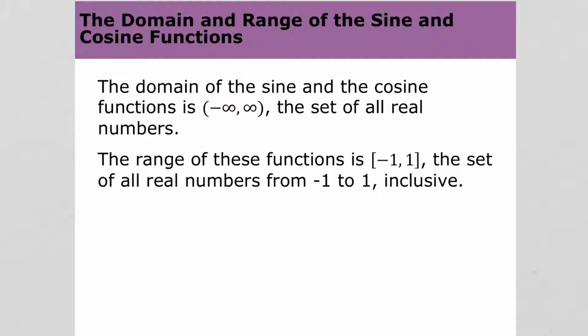Okay, domain and range of sine and cosine. If you've ever seen the sine and cosine function, they look something like this. So the domain will make sense. Of course, they're going to go to negative infinity and infinity.